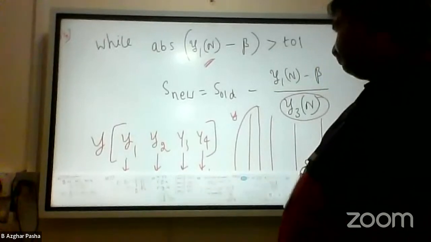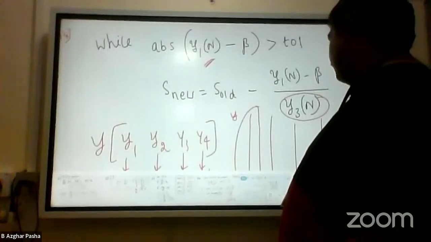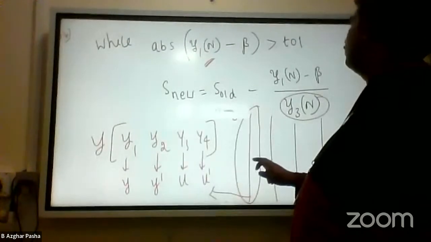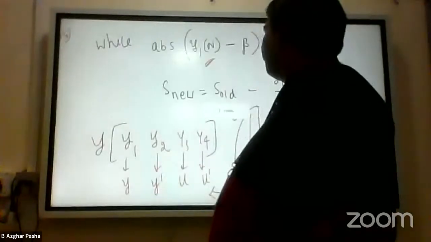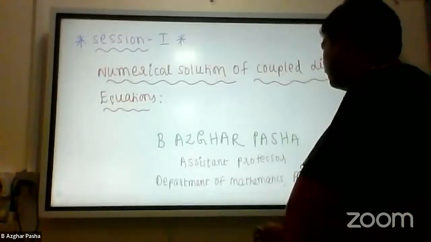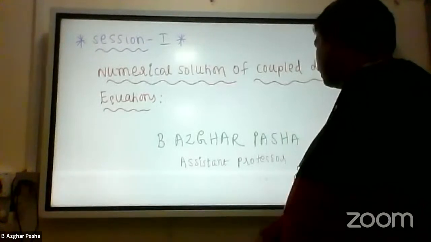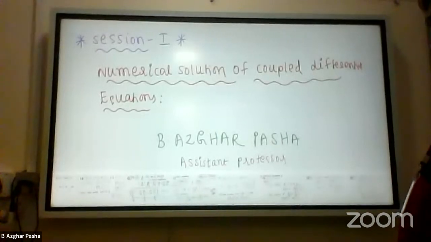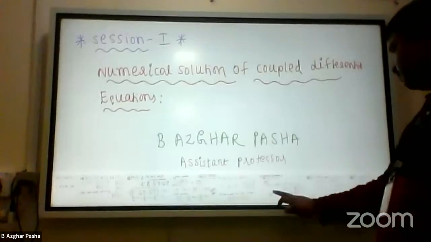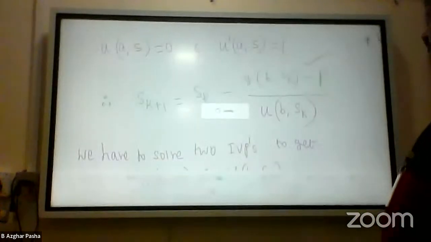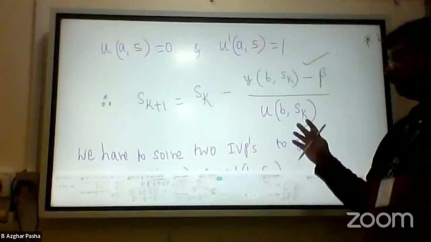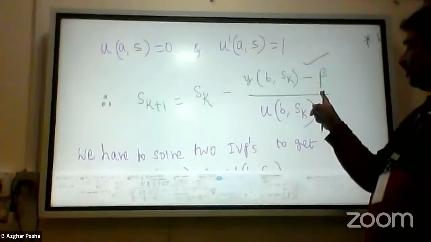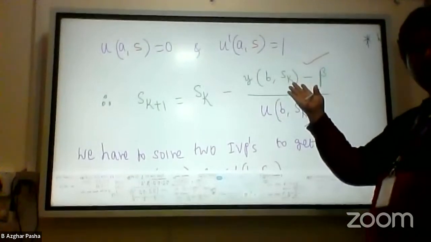In the formula, S k plus 1, our main aim was getting rid of this unknown function.